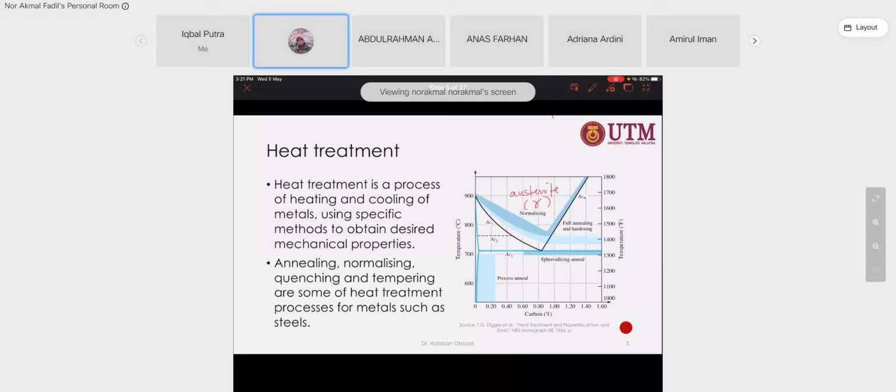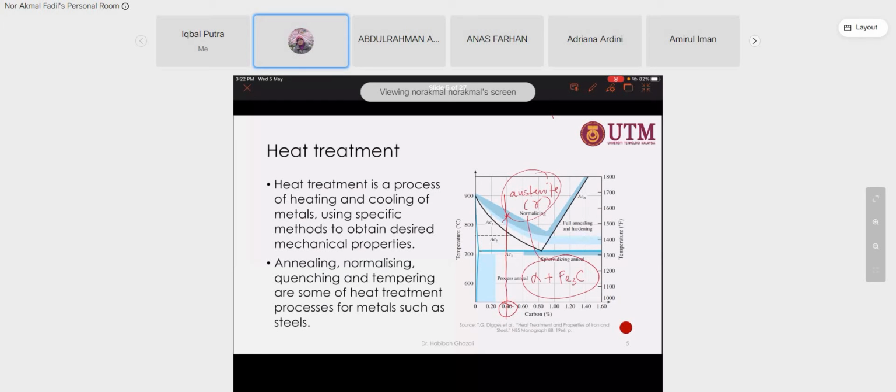So if your alloy is a hypoeutectoid alloy, let's say 0.4% carbon, you heat at this temperature, which is 50 degrees above the AC3 line. Then you need to soak until this alpha plus cementite microstructure completely transforms into austenite.